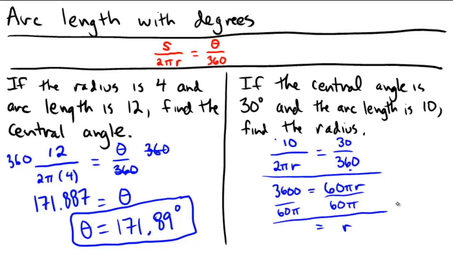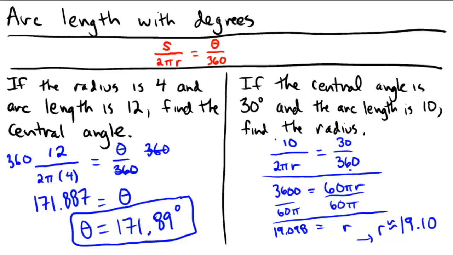The r is going to be 3600 divided by the quantity 60 times pi. So it looks like 19.098. Again, if you want to round to hundredths, r is approximately equal to 19. The 8 is going to round the 9 up to a 0, which is going to carry over into a 10, so you're going to get 19.10 for that particular radius.